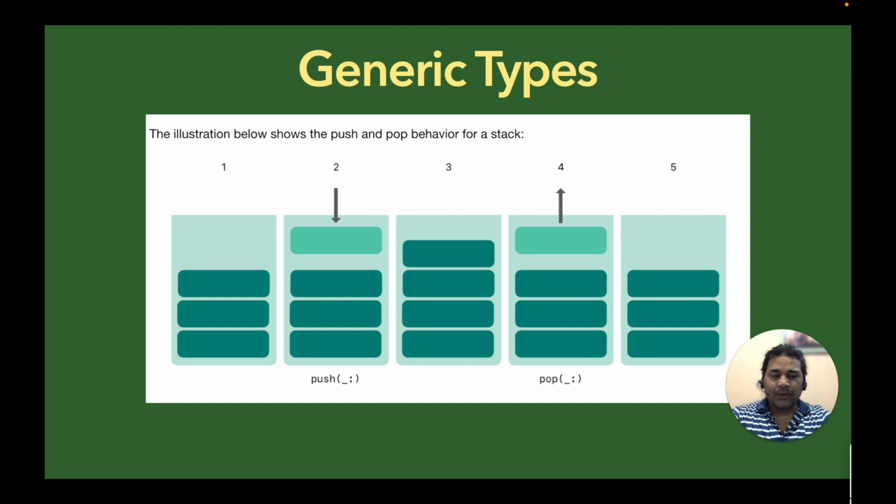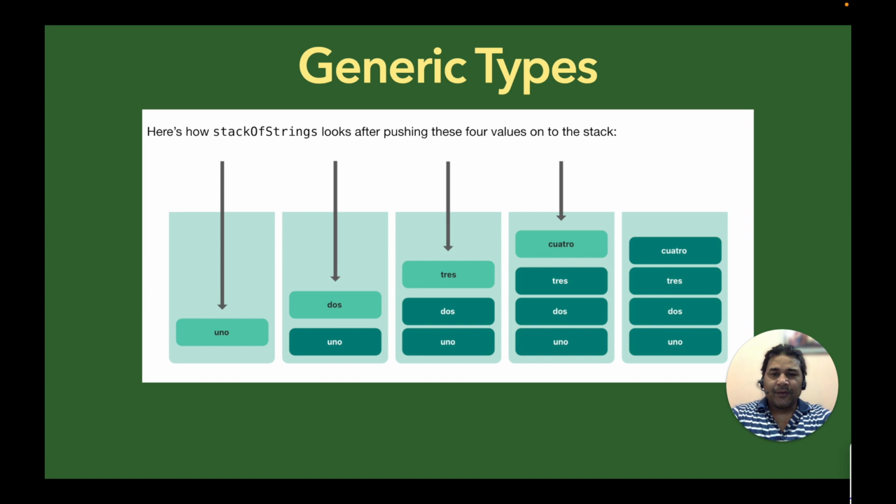Suppose we want to add something, so the addition will always be performed on the top of the stack, and if you want to remove something from the stack, then the pop will always be performed on the top of the stack. Suppose here we are adding four values onto the stack. This shows how the stack looks after pushing these four values: after the first value is added, and then the second, third and fourth values are added.